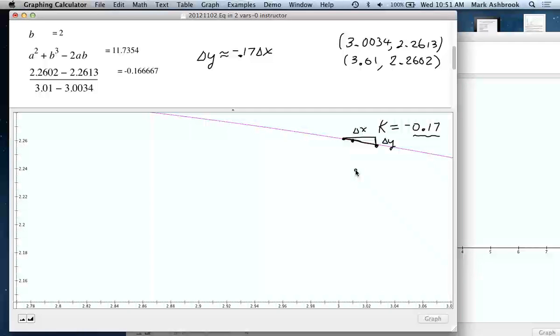How much is y changing relative to how much x changes? What's that? 17% of it. Yeah, so whatever x change we make near 3, y is going to go down about 17% of that change in x.